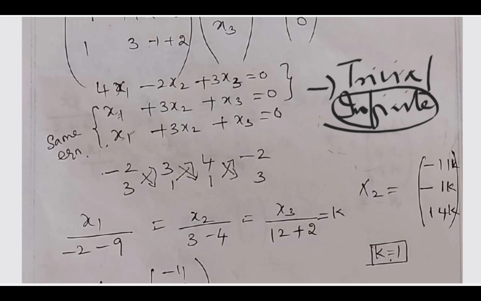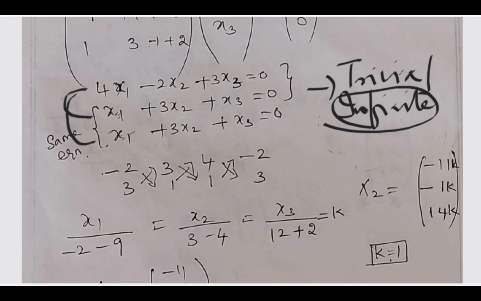So you should not make use of these two equations for finding the eigenvector. Obviously the vector value will be the 0 vector only, but an eigenvector is never a 0 vector. So you need not consider the equations that are the same.